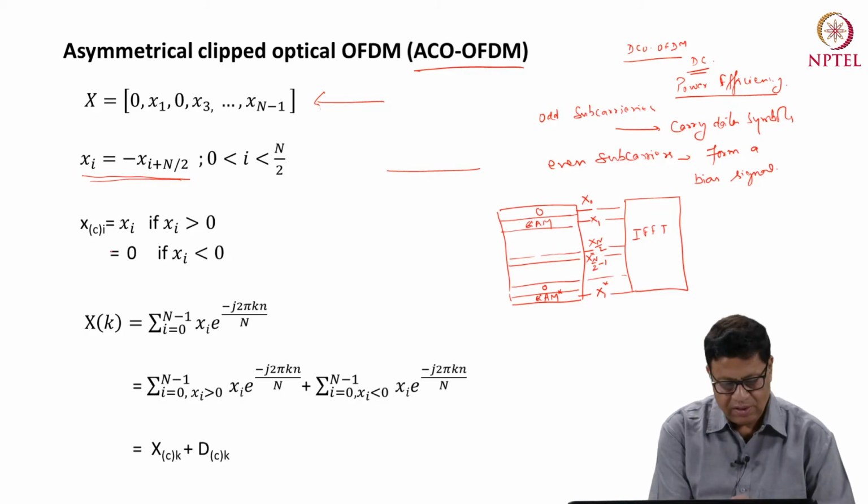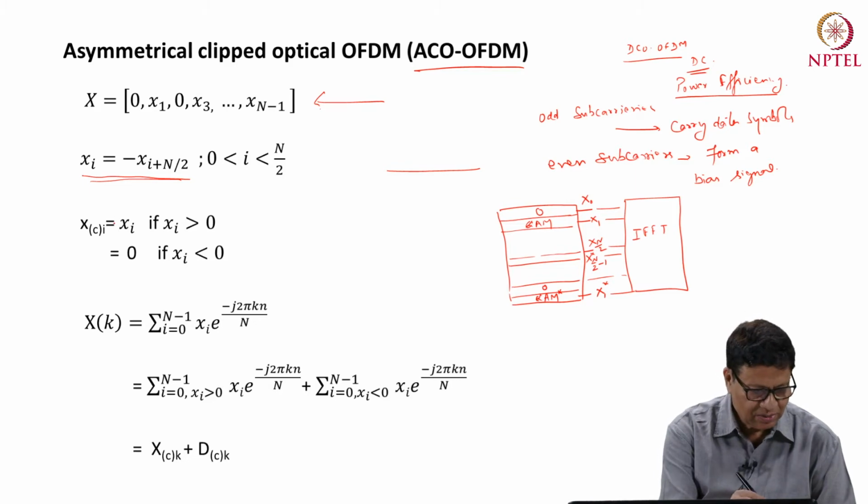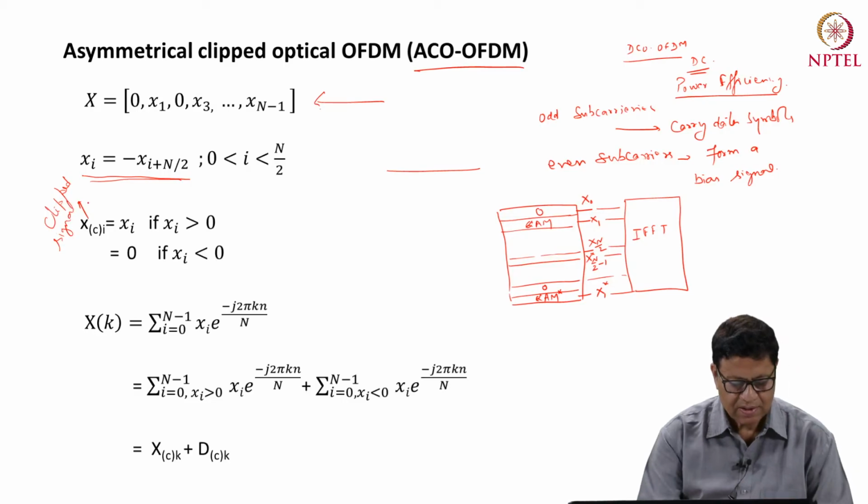And if you see the clipped signal, this is x_ci, the clipped signal. It is x_i if x_i is greater than 0, and it is 0 if it is less than 0. So if you see the OFDM signal, you will have only positive samples.